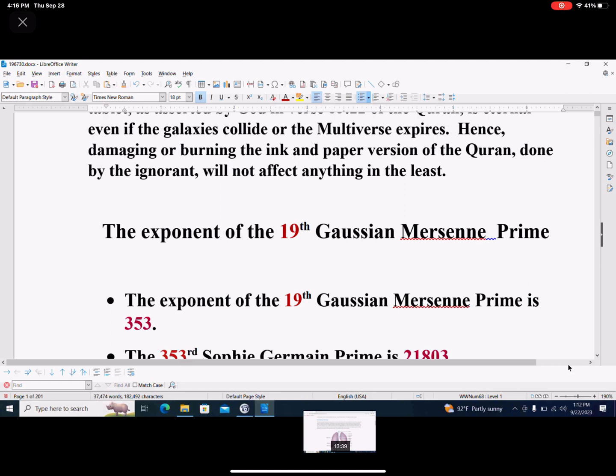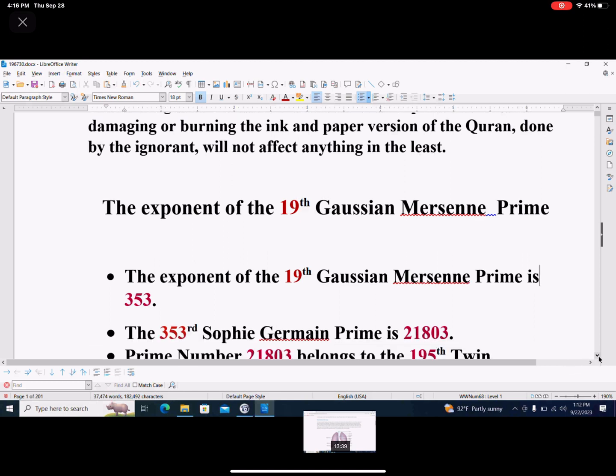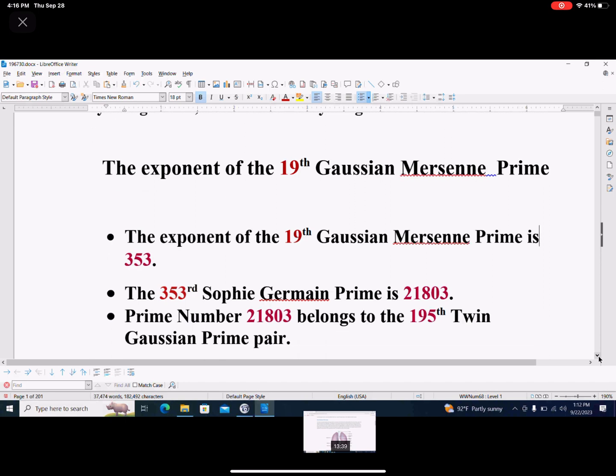As we've known this for a long time. So let's see. The 350th Sophie Germain prime is 21803. This prime number 21803 belongs to the 195th twin Gaussian prime pair. Okay, it's amazing, isn't it?